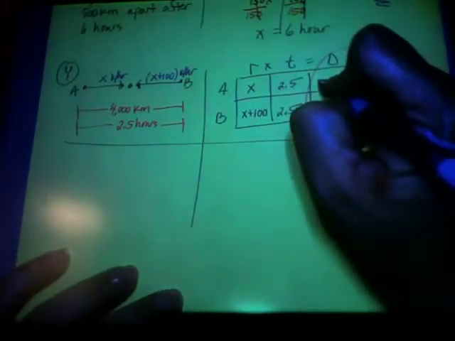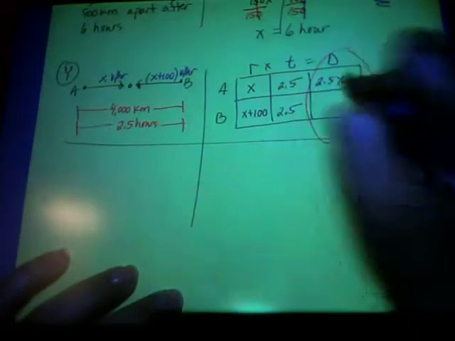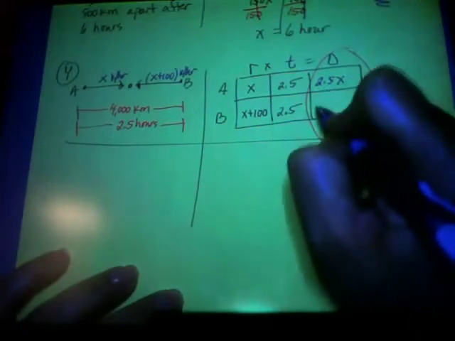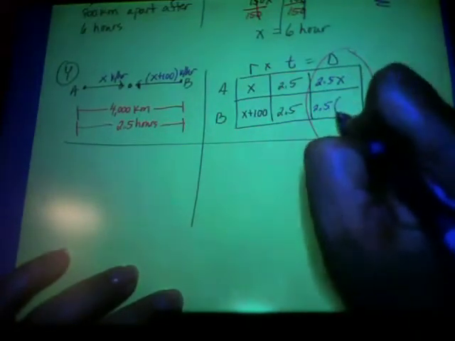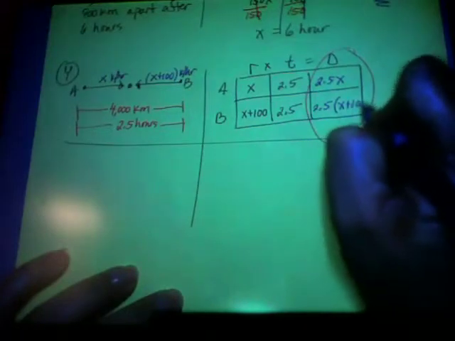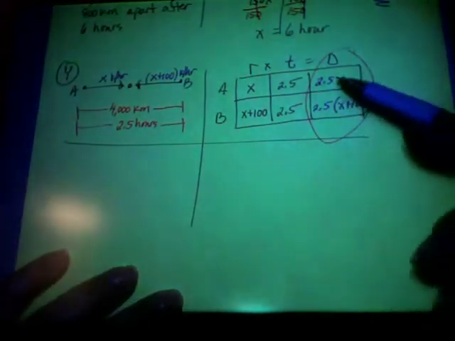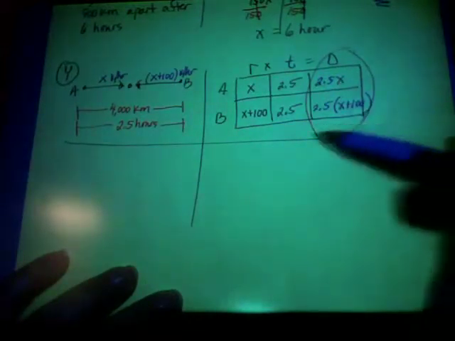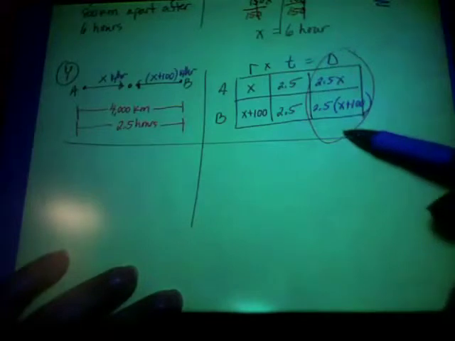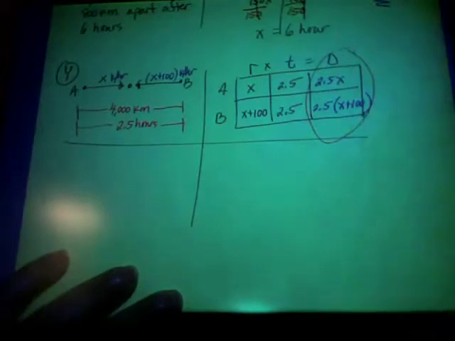So what's X times 2.5? 2.5x, and then for our purposes here, I want you to write that this is 2.5 parentheses x plus 100. We will distribute that in a minute. Are these distances the same or different? If they're different, you better have a total distance down here. Do we know the total distance that the planes are apart? Don't we know it? 4,000.